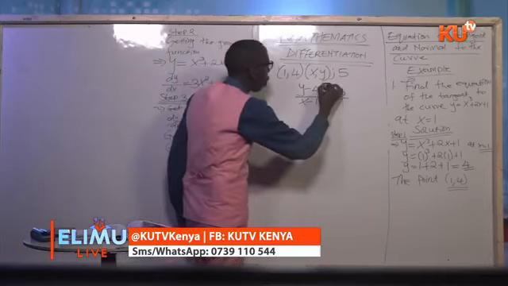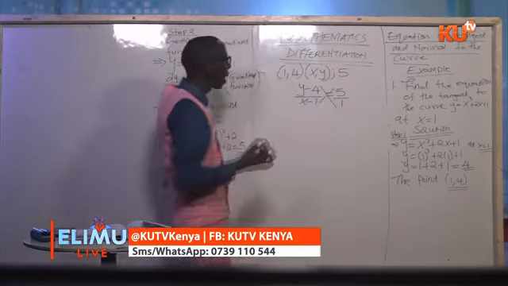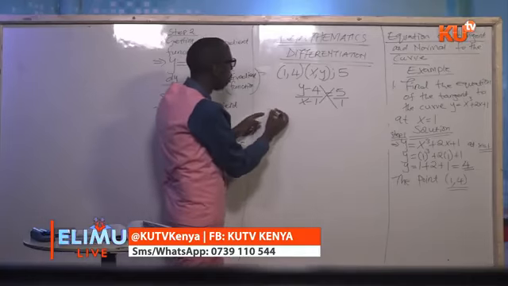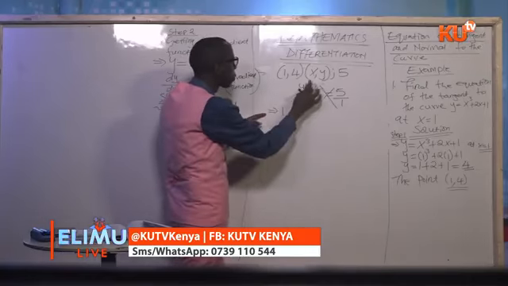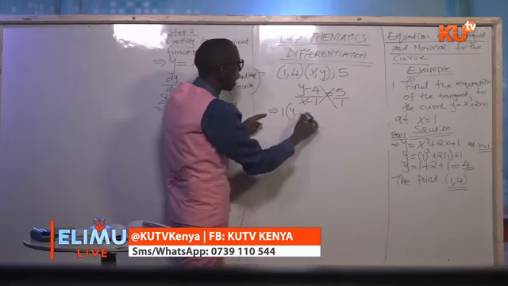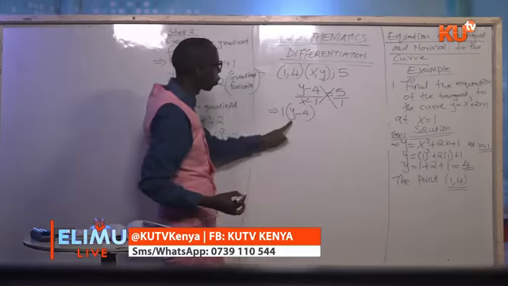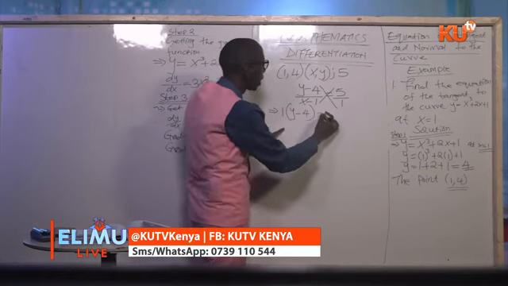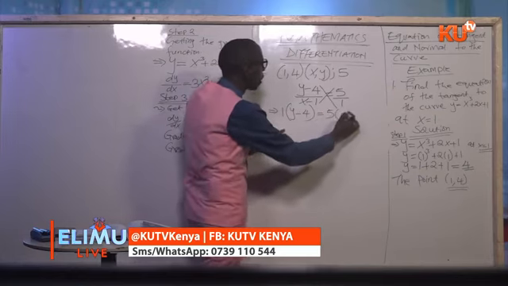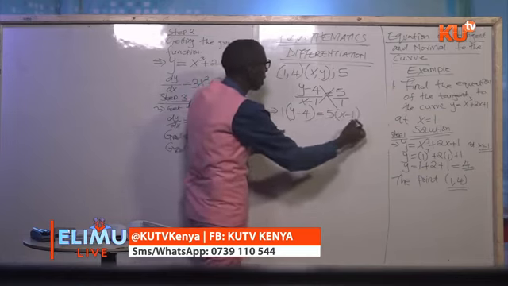You cross multiply. Therefore, you will have 1 into bracket y minus 4 is equal to 5 into bracket x minus 1.